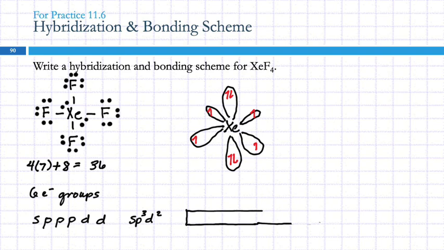If we look at these hybrid orbitals, right, there's 6 of them. And how many valence electrons does xenon have? 8. 1, 2, 3, 4, 5, 6, 7, 8. So this matches up with what the Lewis diagram showed us, right? So 2 of these are lone pairs, and then what's the fluorine doing?